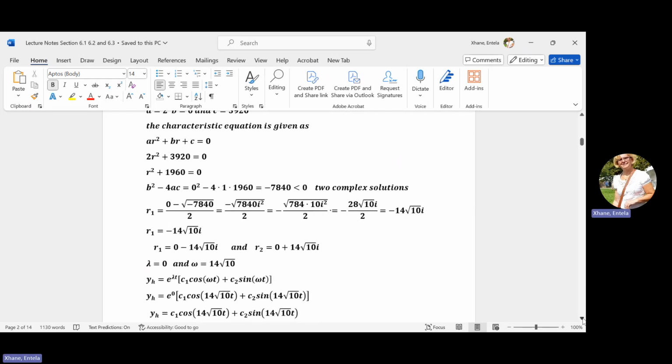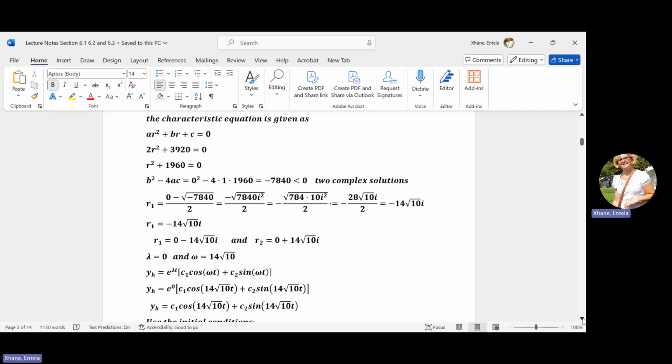As I said, solving quadratic equations can be done in different forms. I will continue to use the discriminant and then the quadratic formula. So b squared minus 4ac is 0 squared minus 4 times 1 times 3920. Why do I have all these typos?